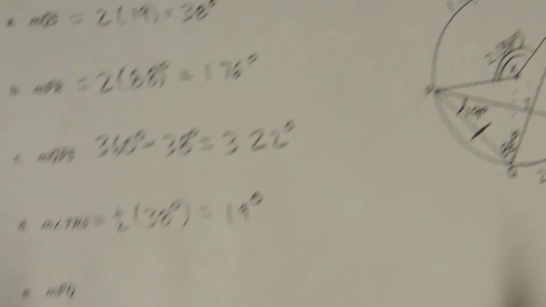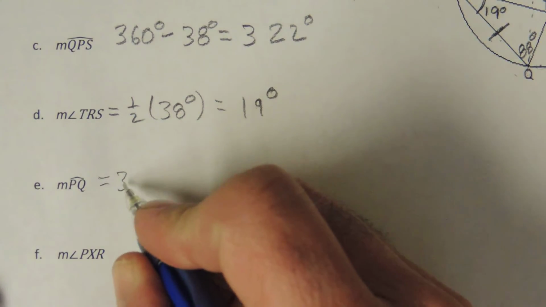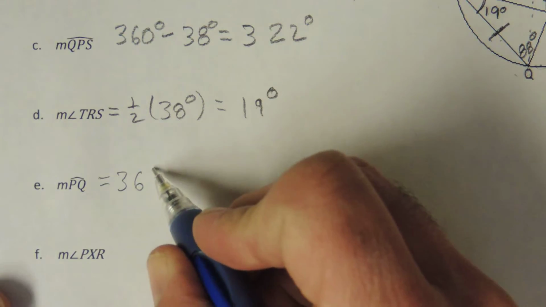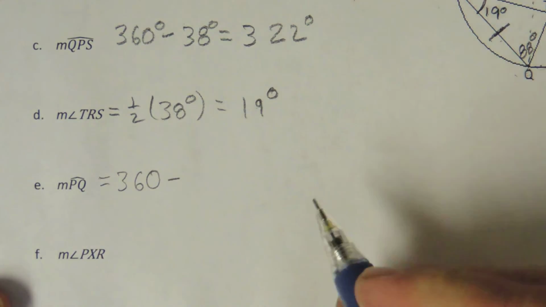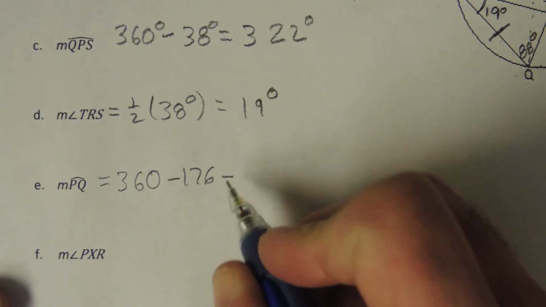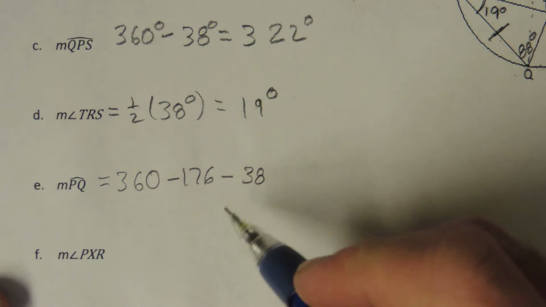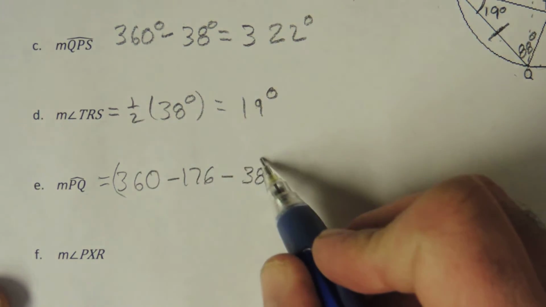So, start off with arc PQ equals 360 minus 176 minus 38. And once I get that, I will divide that by 2.